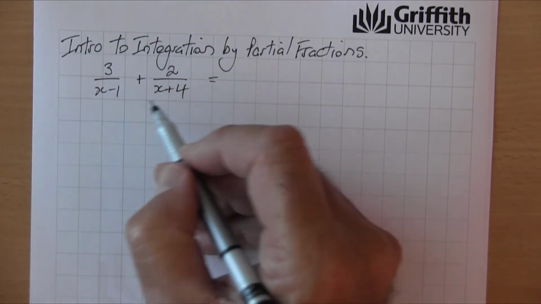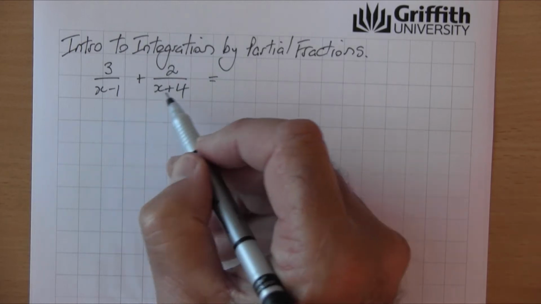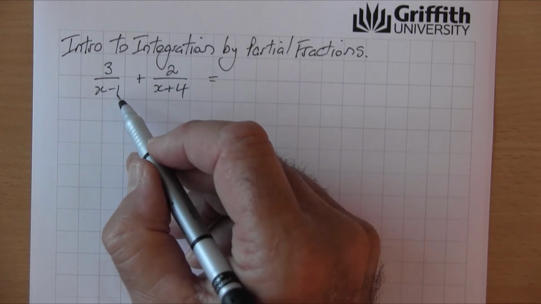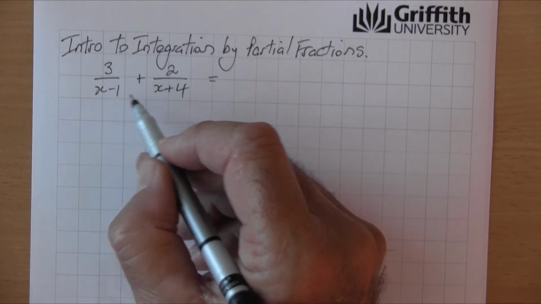We've got to make the denominators the same, and with these algebraic denominators, it's probably best to just multiply by the other denominator.